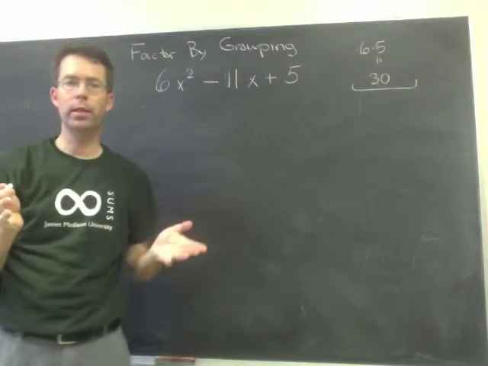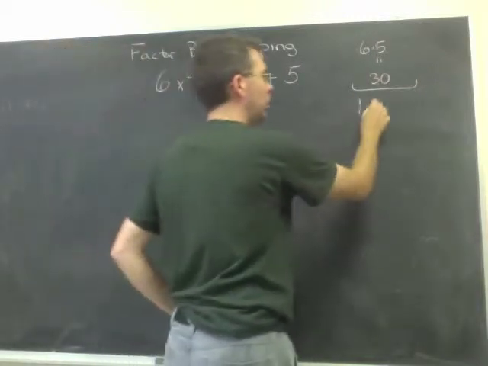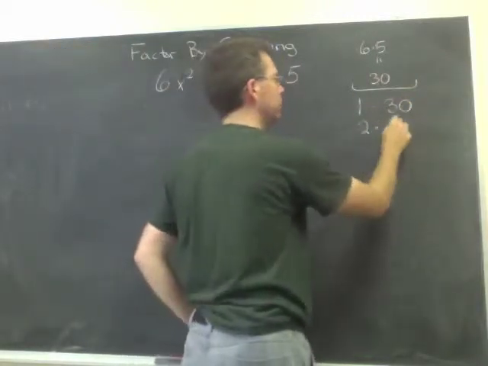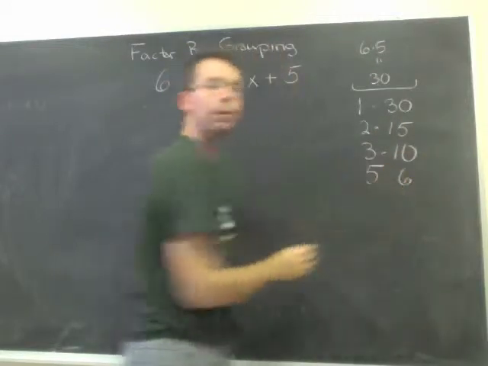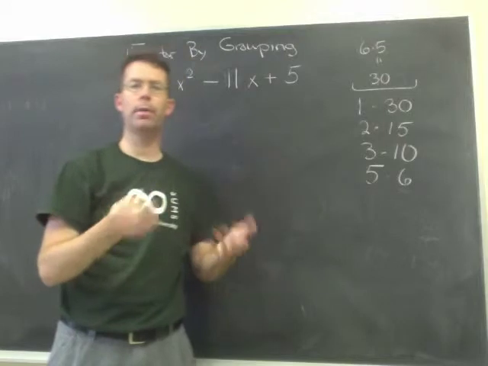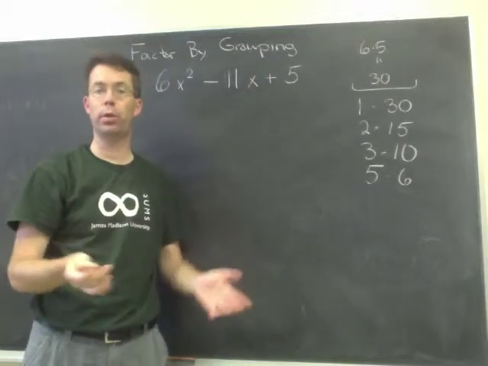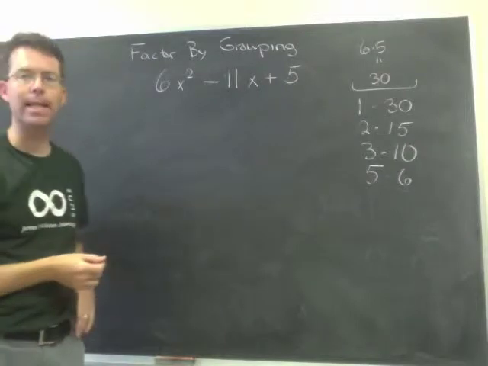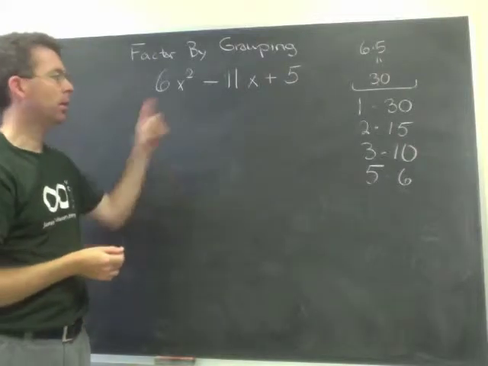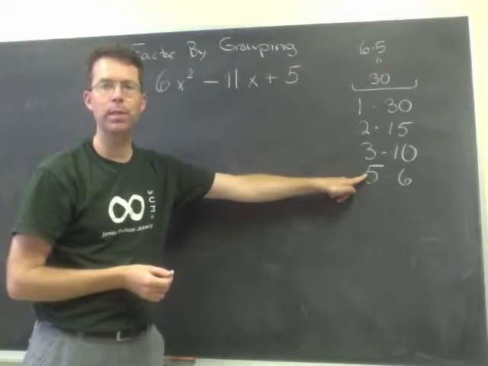So let's start creating a list of all the factors. 1 times 30, 2 times 15, 3 times 10, 5 times 6. And then 6 times 5, 10 times 3, 15 times 2, and 30 by 1. And I'm looking for things that add to negative 11. Now, 5 plus 6 equals 11.